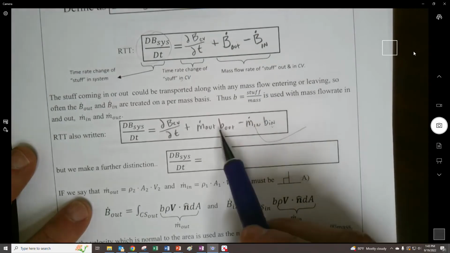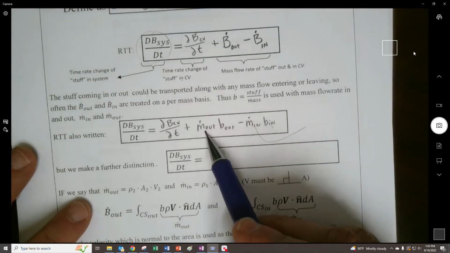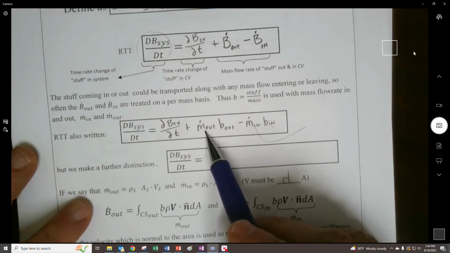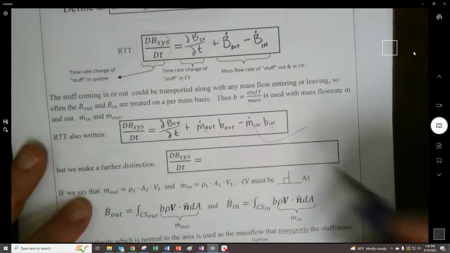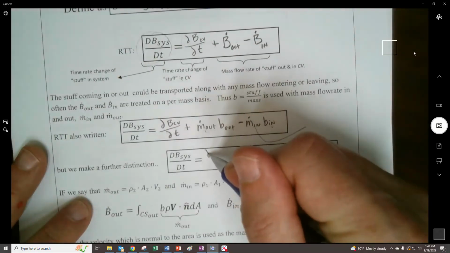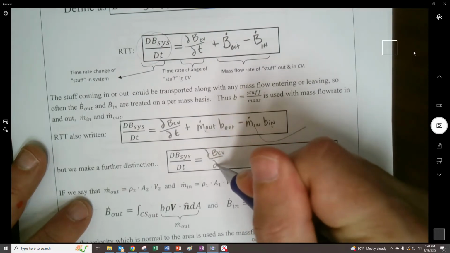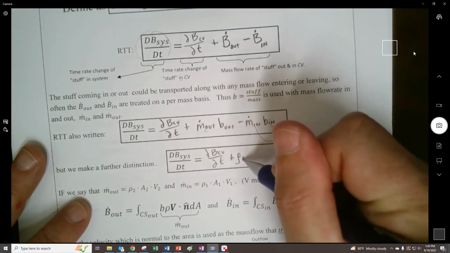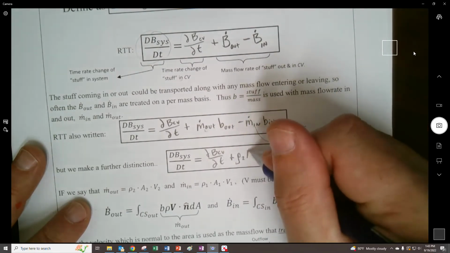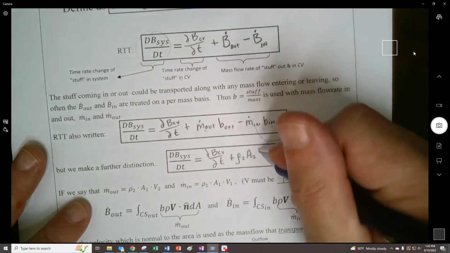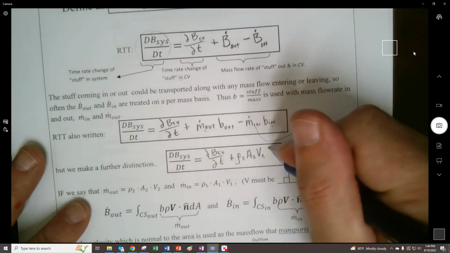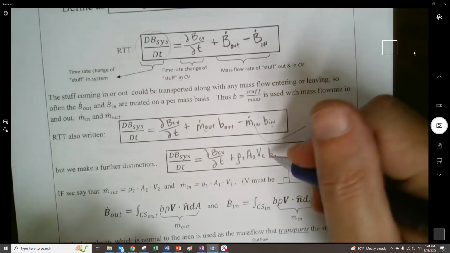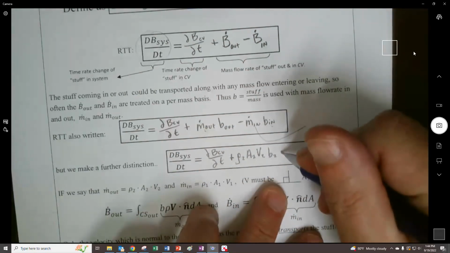And then we might want to also replace this because sometimes we're going to think in terms of the density and the volume, and we want to relate it to the velocity, right? So we could rewrite this other part right here as saying the density at state 2 times the area of state 2 times the velocity of state 2 times the parameter that we're transporting.